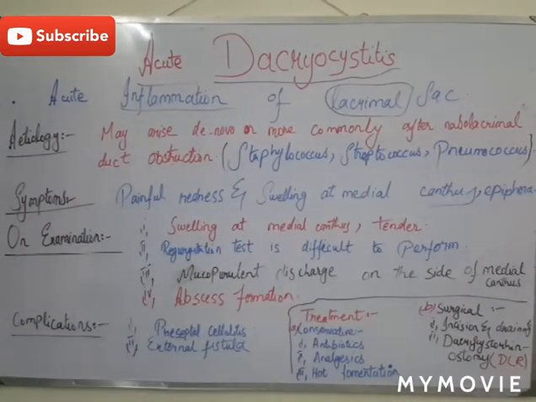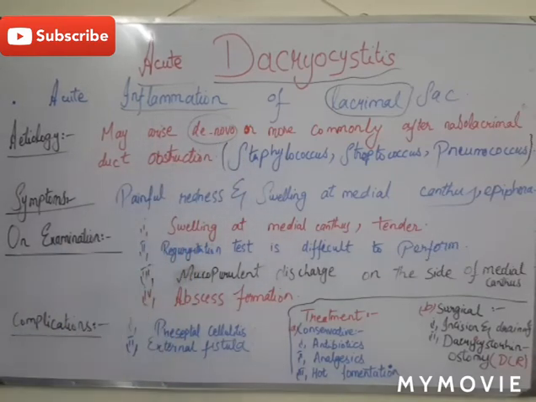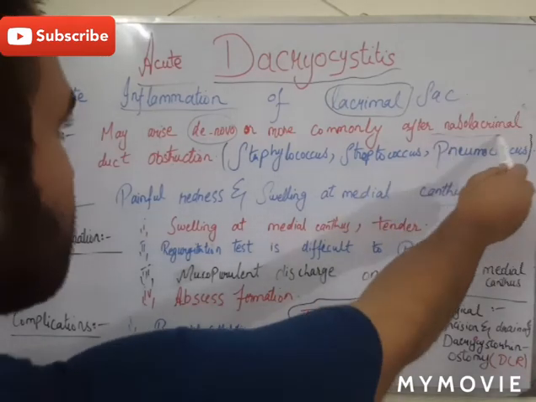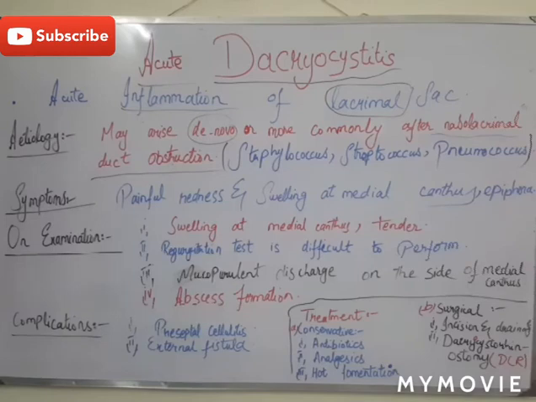What is the etiology of acute dacryocystitis? Acute dacryocystitis may arise de novo, or more commonly it occurs after nasolacrimal duct obstruction.